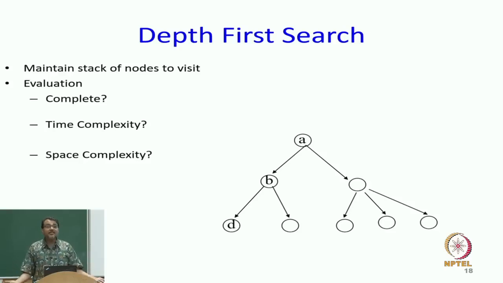If that subtree never ends, will we ever find the goal? No. So, what if my search tree was finite? Then it is complete. Very good. So, it is not complete because my depth can be infinite.